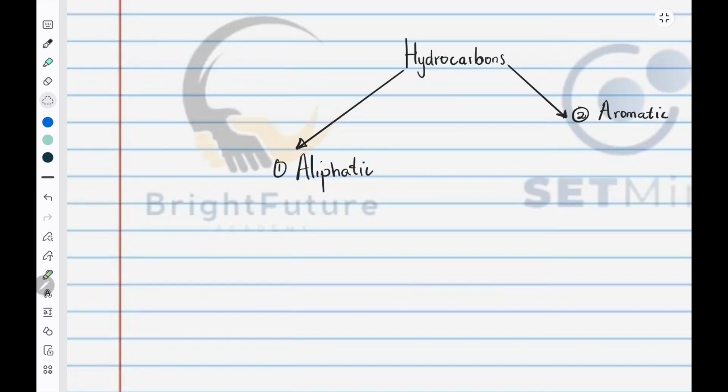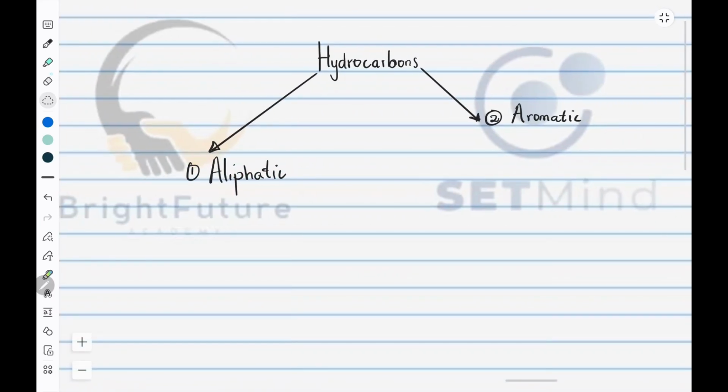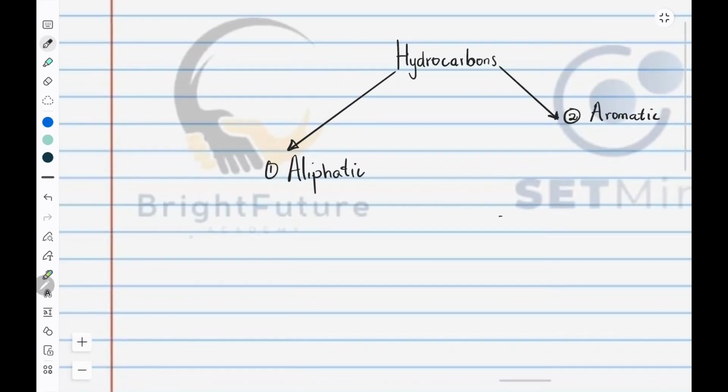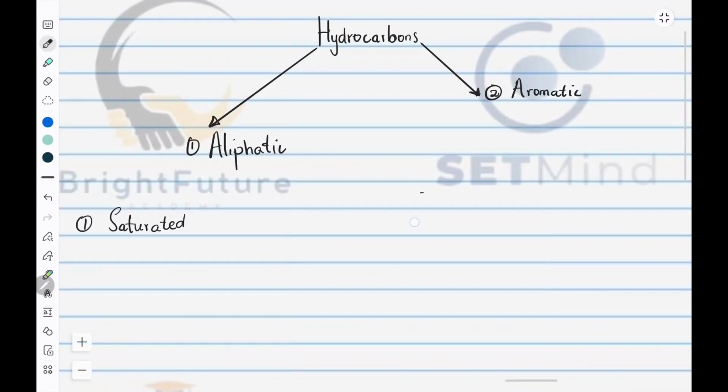With aliphatic, we get 2 different kinds here: saturated hydrocarbons and also unsaturated hydrocarbons.